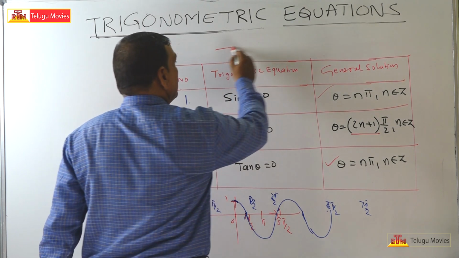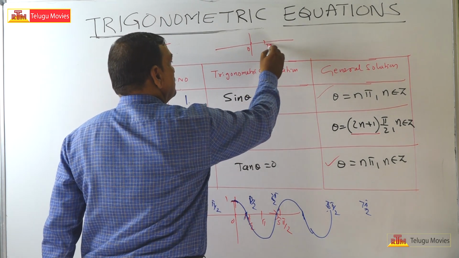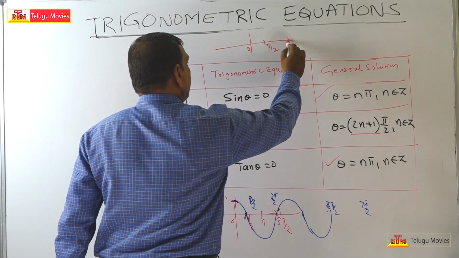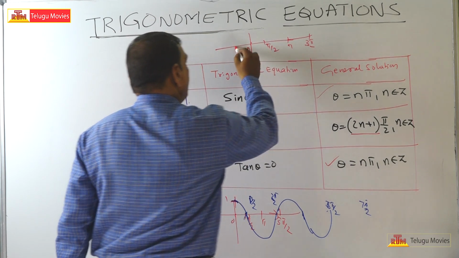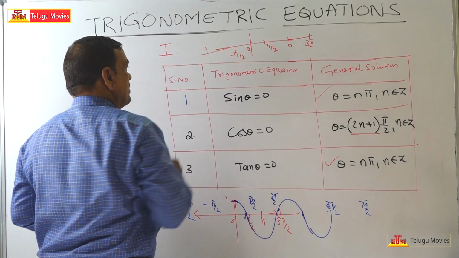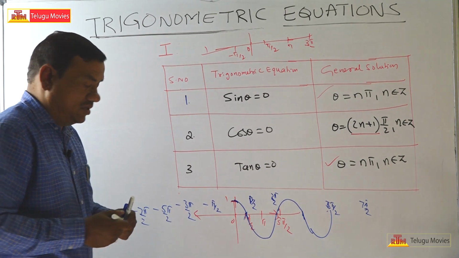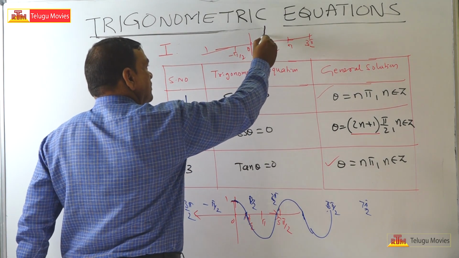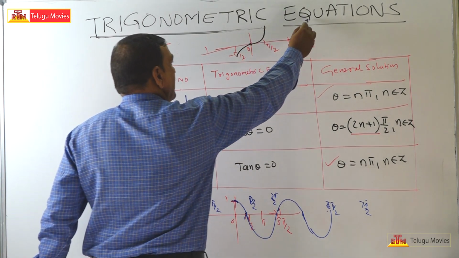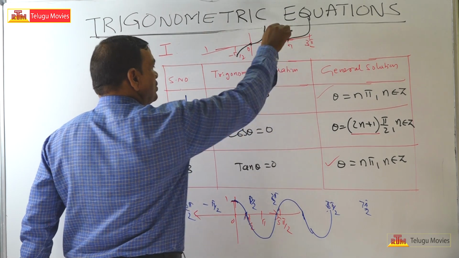So if you observe here, this is 0, this is pi by 2, this is pi, this is 3 pi by 2, this is minus pi by 2. Again it will come to pi here. So this is the graph.